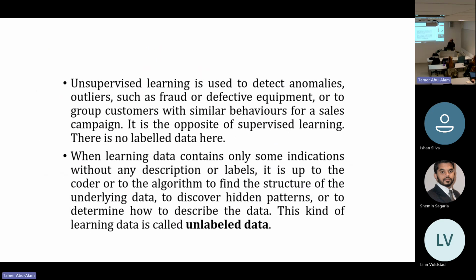Unsupervised learning is used to detect anomalies such as fraud, defective equipment, or to group customers with similar behavior. So, for example, if you have a market, like a supermarket, and you would like to study like Amazon, for example. Sometimes Amazon comes to you with a suggestion, and they say, do you think you can buy these things?